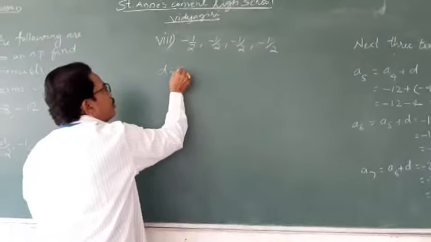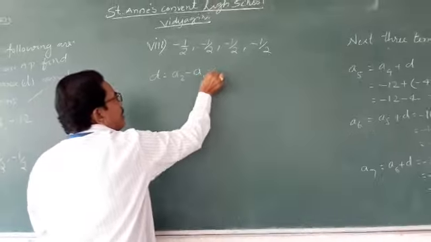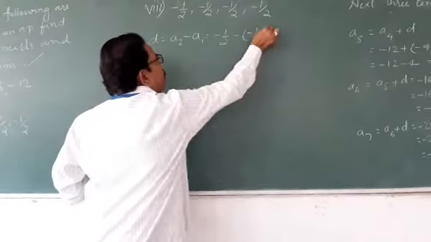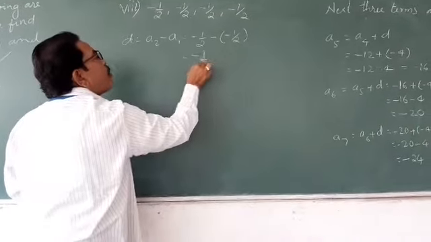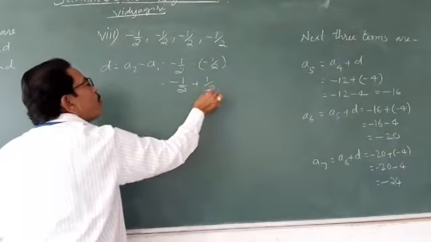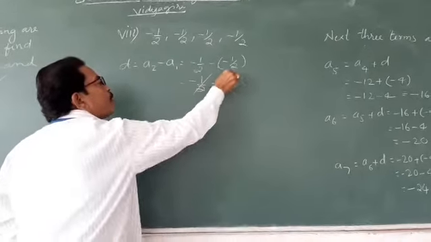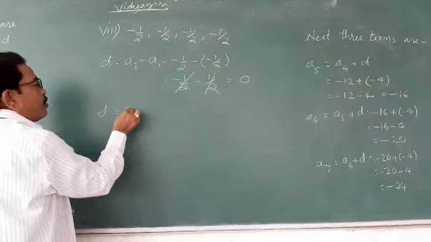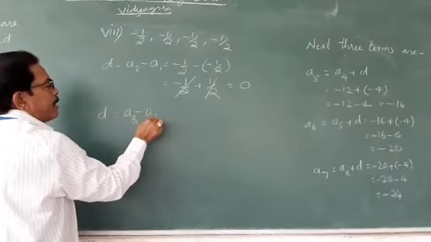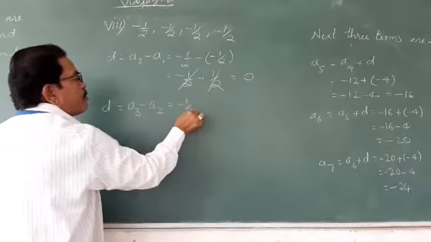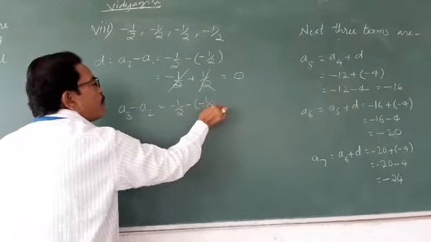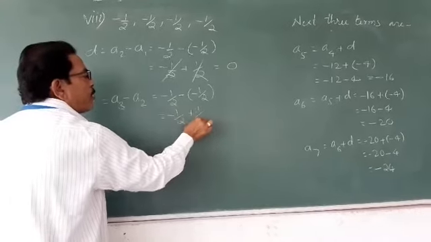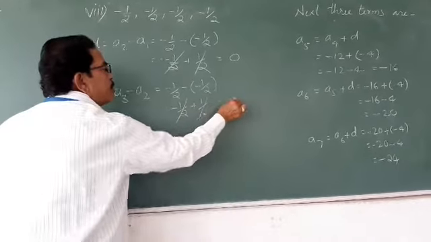D equals A2 minus A1, that is minus 1 by 2 minus of minus 1 by 2, that is minus 1 by 2 plus 1 by 2. The 1 by 2 cancel, that equals 0. Then D equals A3 minus A2, that is minus 1 by 2 plus 1 by 2, which gets cancelled, 0.